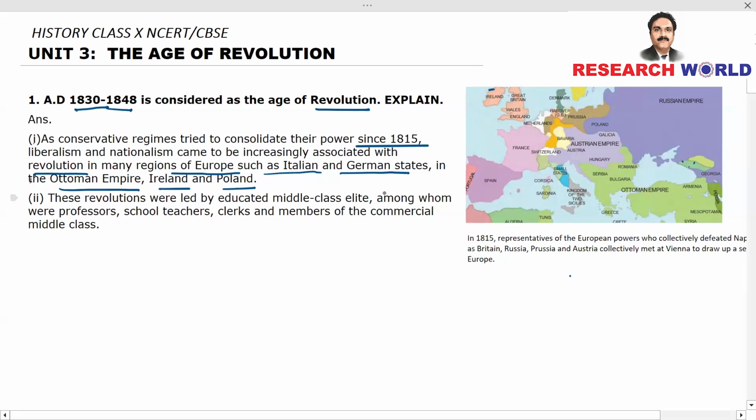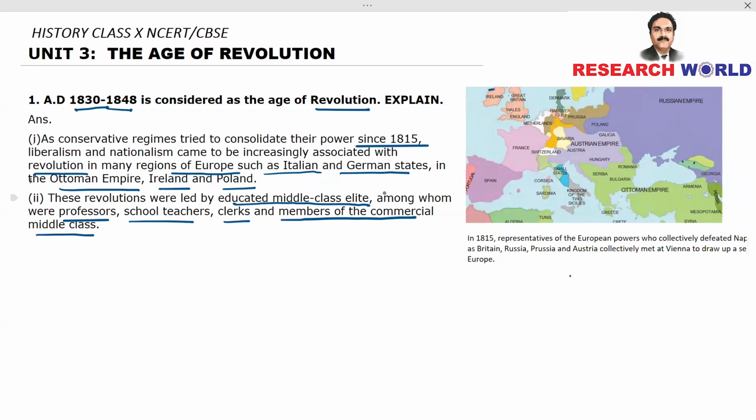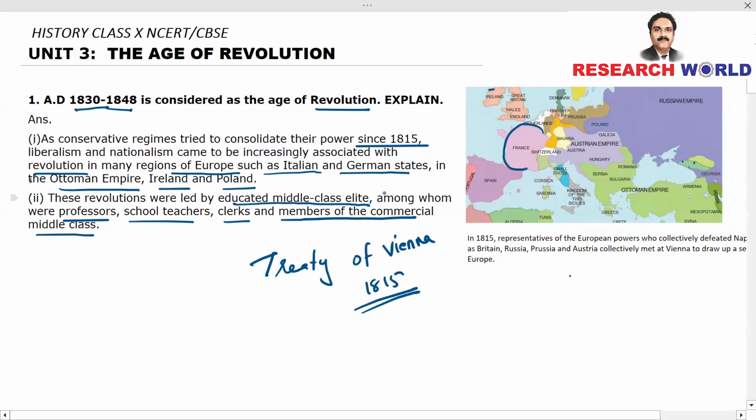These revolutions were led by educated middle class elite, among whom were professors, school teachers, clerks, and members of the commercial middle class. I will elaborate. Actually, this is a continuation of the previous chapter where we have studied that in 1815, after the Battle of Waterloo, the Treaty of Vienna reduced the powers of France.